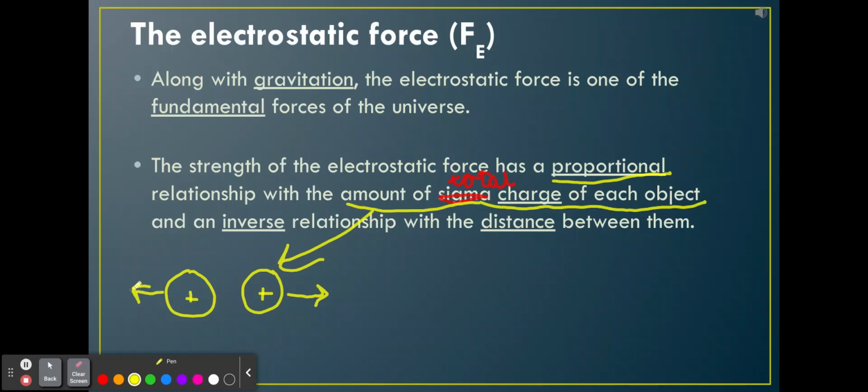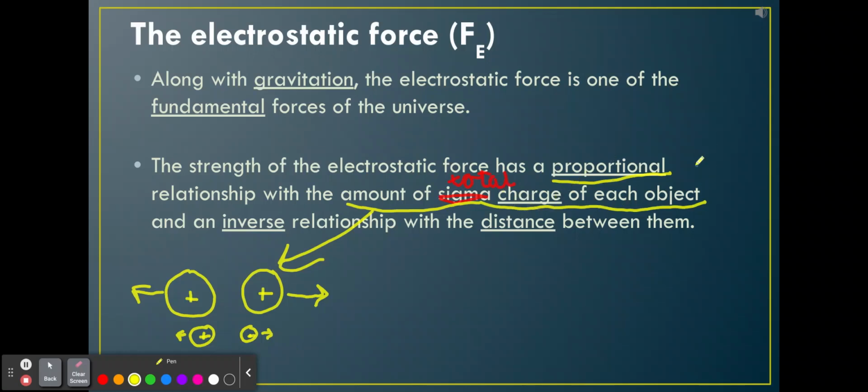They have a lot of force that's pushing them apart. If I have really weak magnets, these ones don't have a lot of charge, then the amount of force that they push away with is not that much. You see what I mean there? It wouldn't be very hard for me to push these two magnets together. I could overcome that electrostatic force because the total charge of those is not very much.